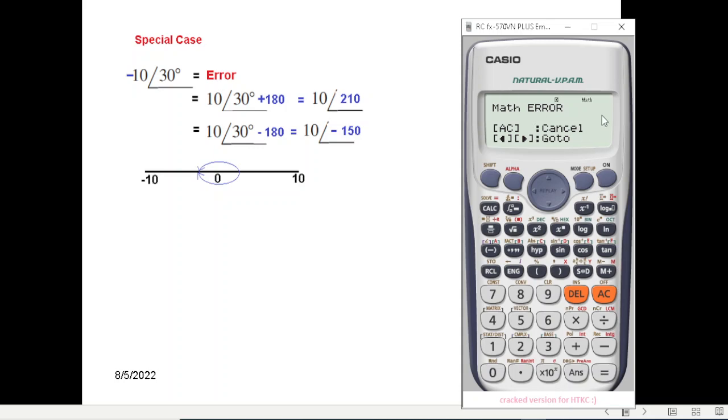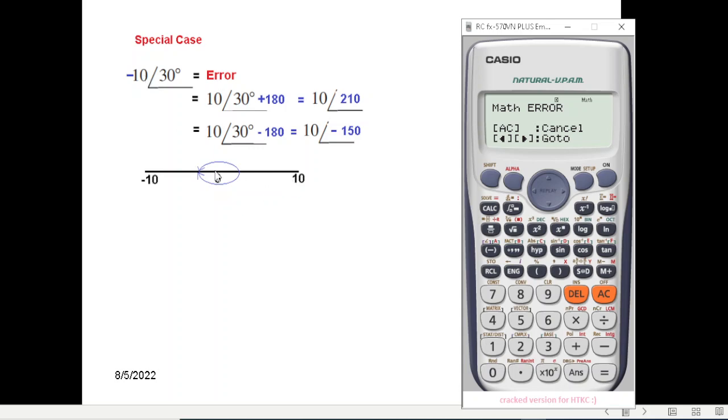Okay, so we are getting a math error, and the reason is that minus 10 and the angle do not really match. So what we have to do is do away with the negative sign and convert it into an angle.